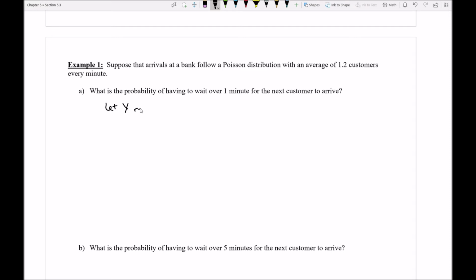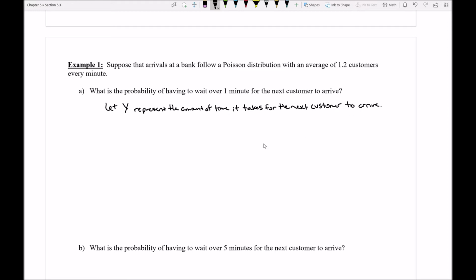We'll say, let Y represent the amount of time it takes for the next customer to arrive. Okay, so this is what we want to measure, right? Like, how long does it take?